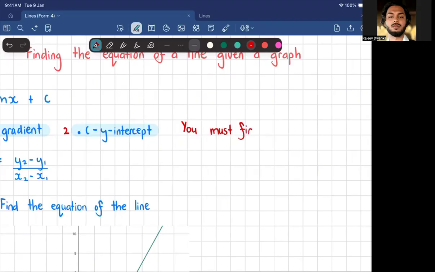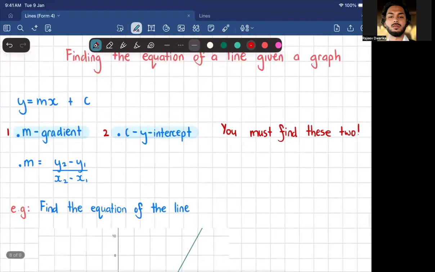When you find those two, you put them back into this form. Let's say we found the gradient to be 7. You would put 7 here, so y is equal to 7x. Let's say you find c to be 4. That's literally it. You need to find what m is and what c is, and then just plug them back into the form.